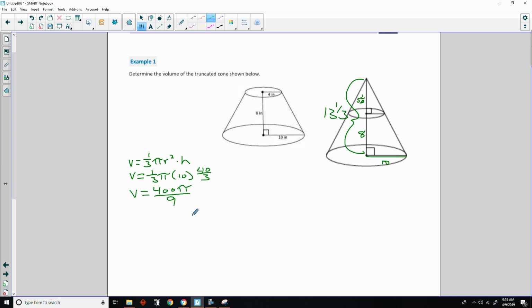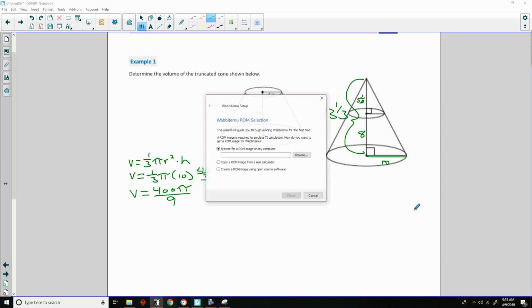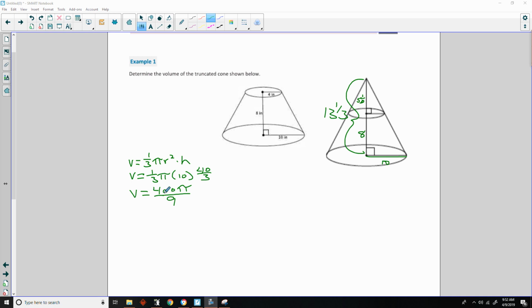Okay, so that's the volume of the whole thing, but we don't have the whole thing. I now want to subtract the volume of the truncated cone. And this was 4. So the volume of the cone that was cut off and not there anymore will give us this shape.